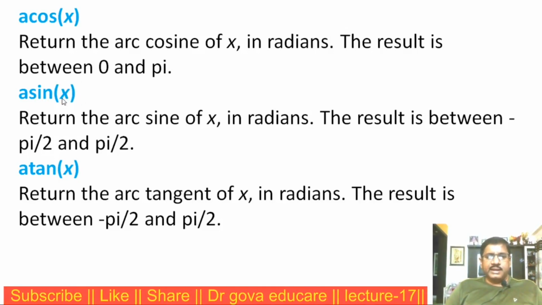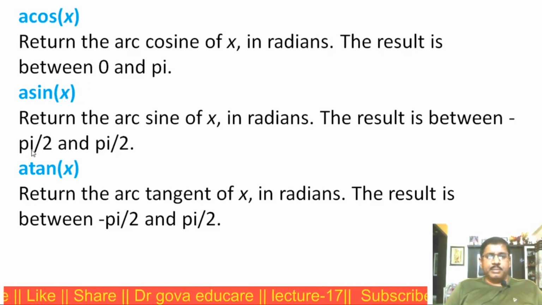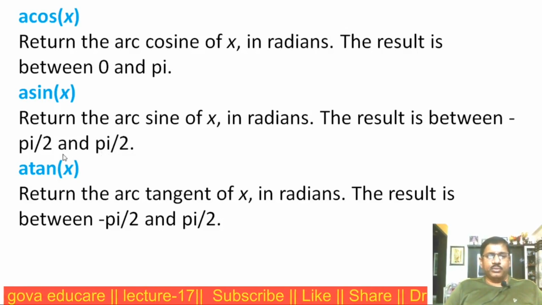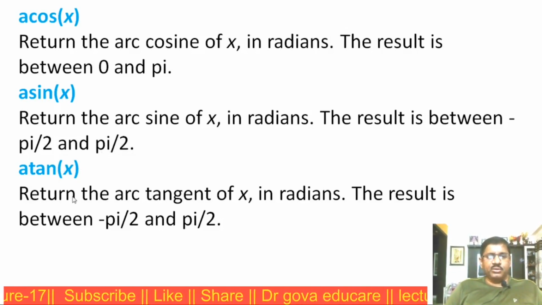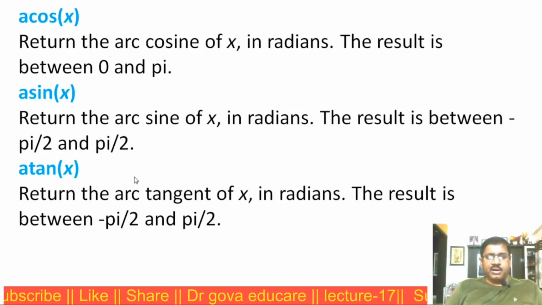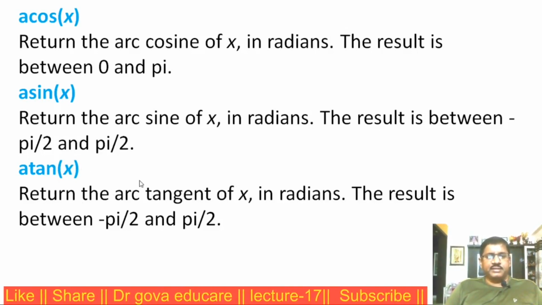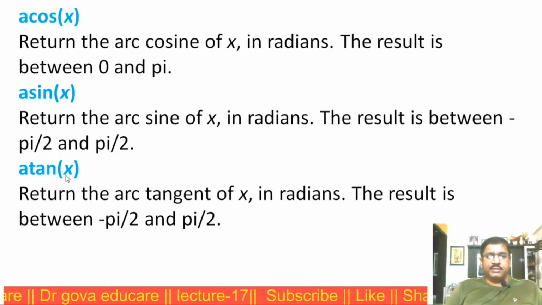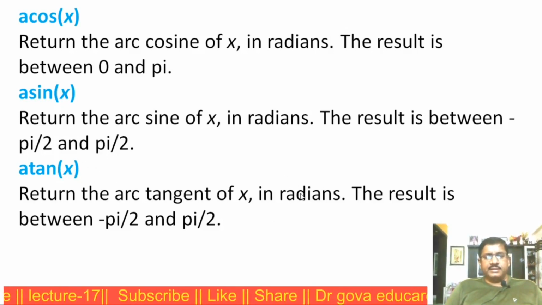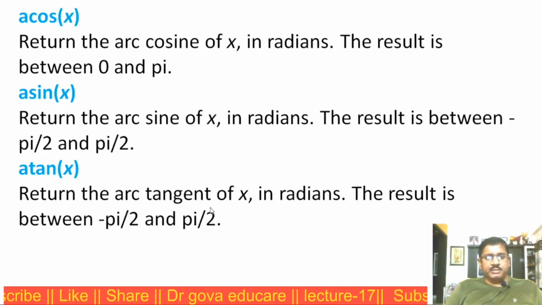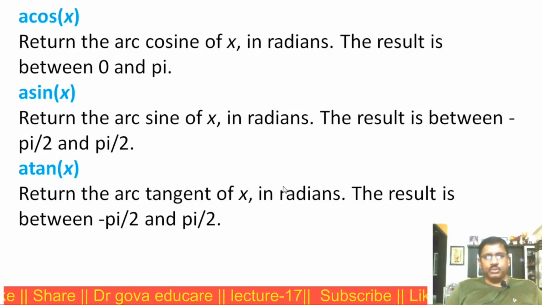The range is minus pi by 2 to plus pi by 2. Now atan of x returns the arc tangent of x or tan inverse of x, the value in radians. The range of this result is minus pi by 2 to pi by 2.